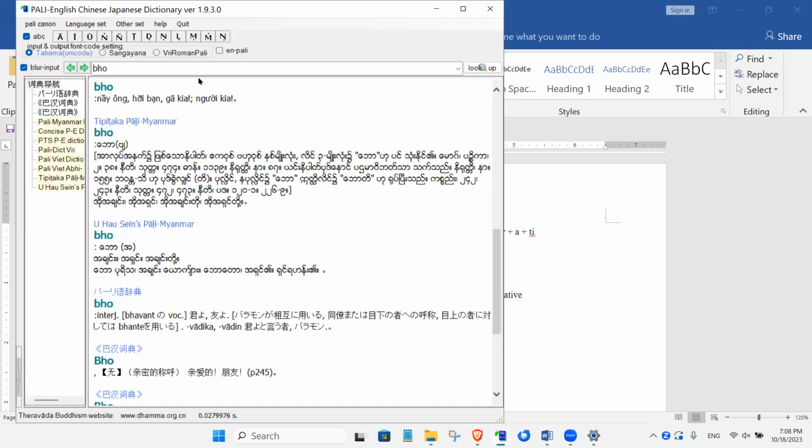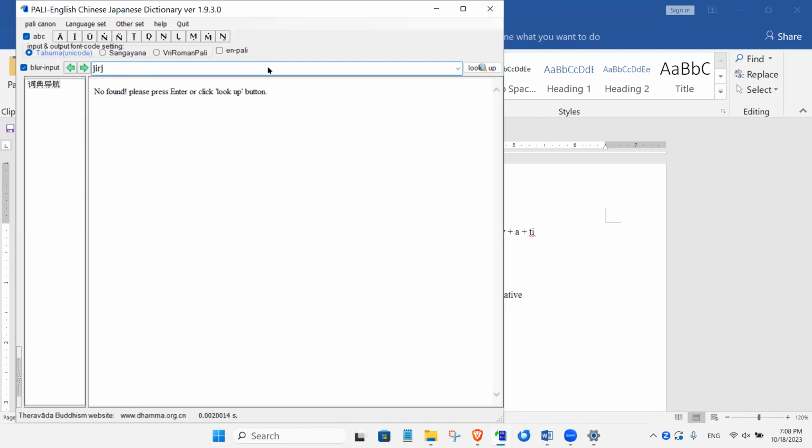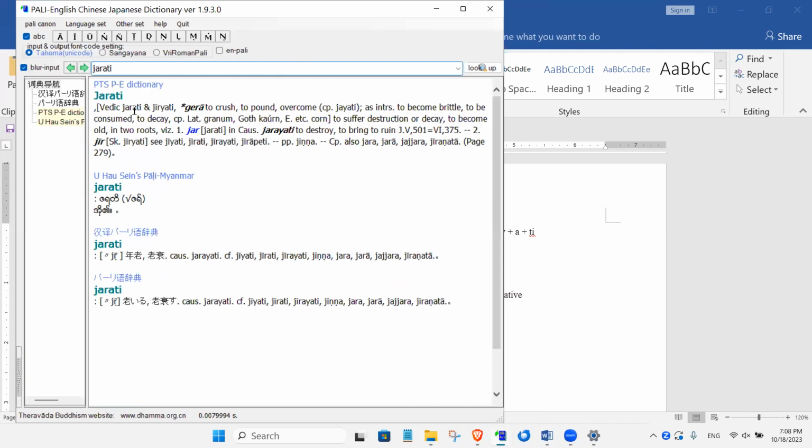So do we have ji? Let's see. No. We don't have ji. We have ja. And then how does it become i? It's because of the Sanskrit. Jiyati. This is Sanskrit.